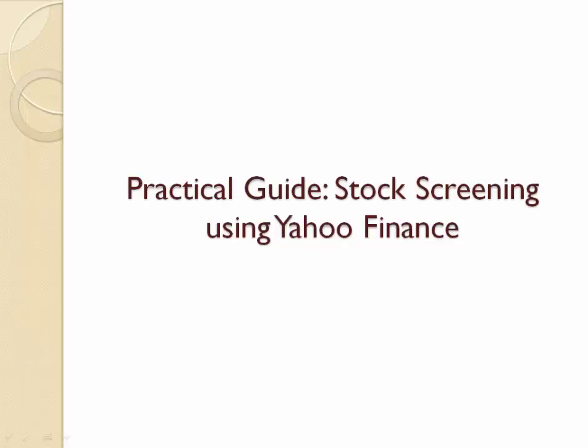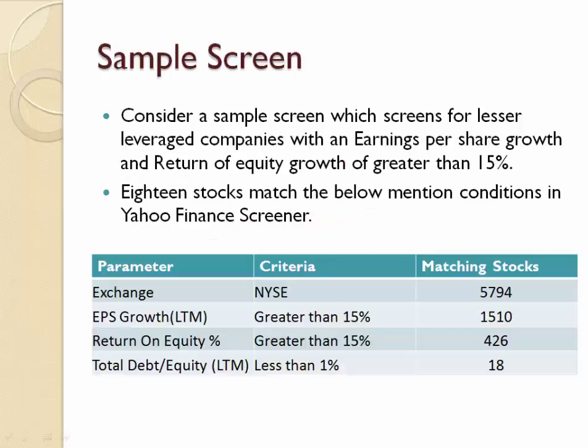So now we'll see how the Yahoo Finance stock screening tool will help us screen companies. Consider a sample screen which screens for lesser leverage companies with earnings per share growth and return on equity growth of greater than 15%. 18 stocks match the below mentioned criteria.